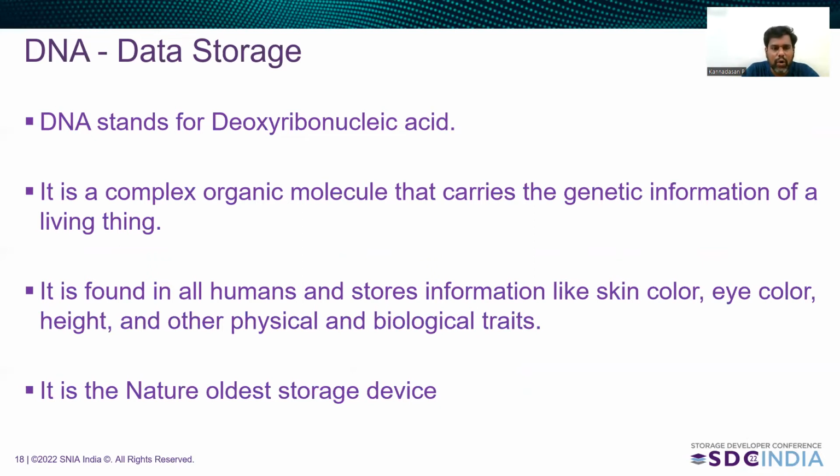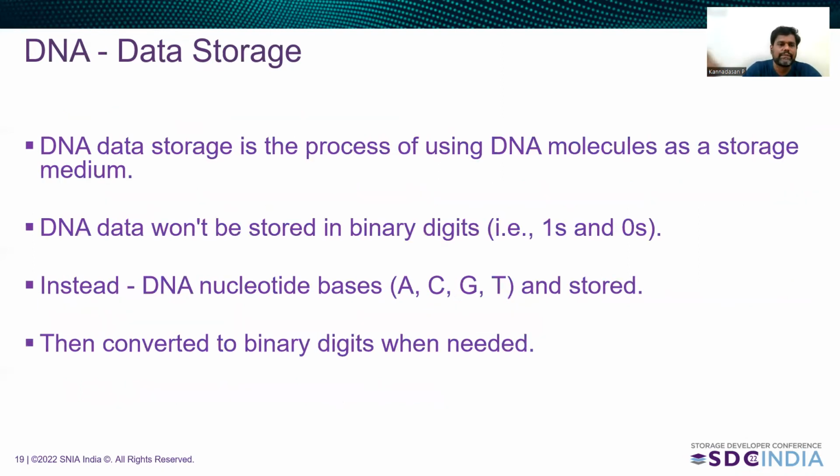It is a complex organic molecule that carries the genetic information of a living thing. It is found in all humans and stores information like skin color, height, and other physical and biological traits. Basically, it is nature's oldest storage device.